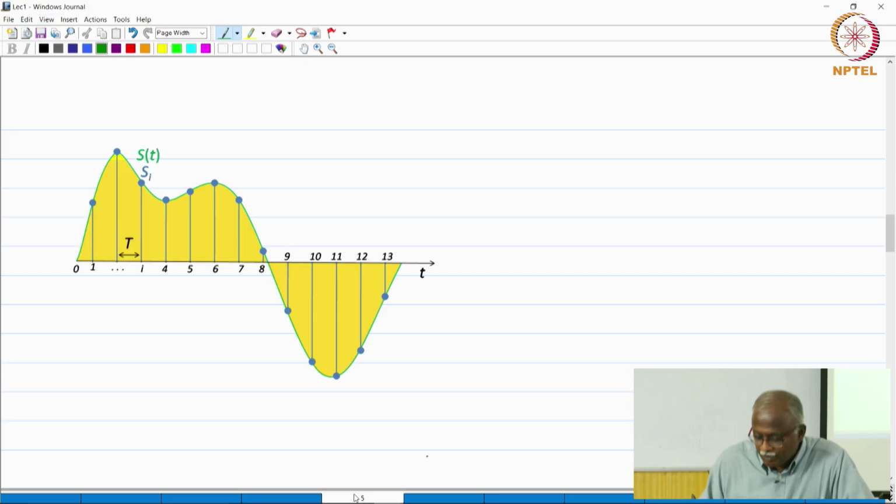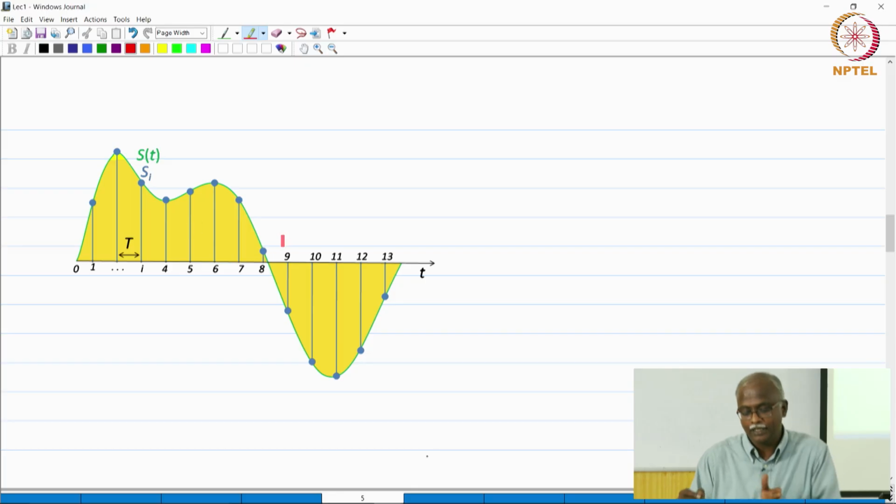Okay. Now, as a first step for us, is the notion of sampling. So, we have a continuous time signal, which is then sampled at regular intervals, which is called periodic sampling.